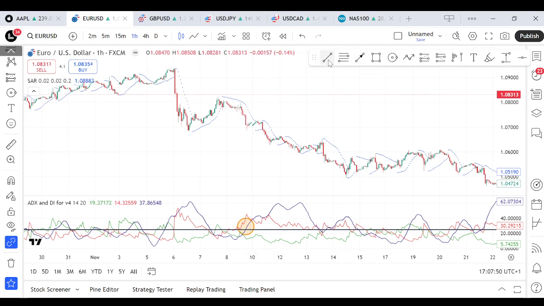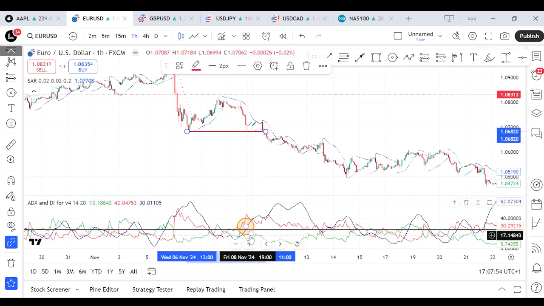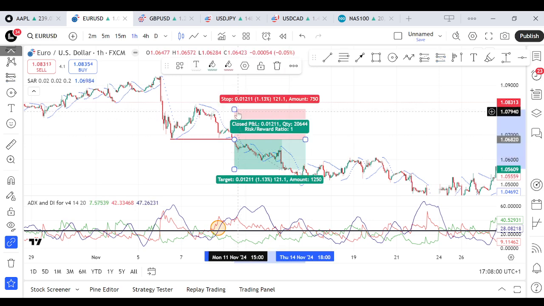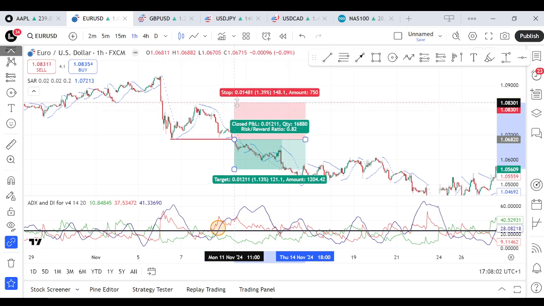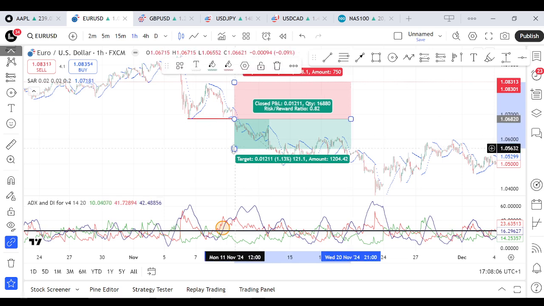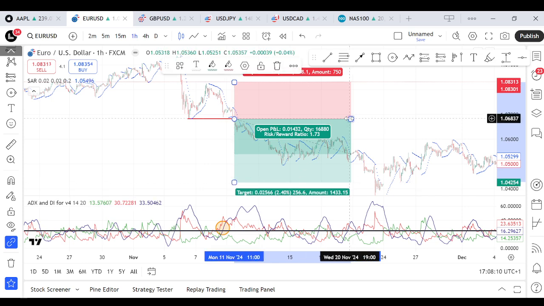At the same time, we have price breaking below this level right here, so we can be looking to take our short trades at the breakout, and our stop losses just above that high, and we could just set our take profits at 1:2 risk to reward ratio.